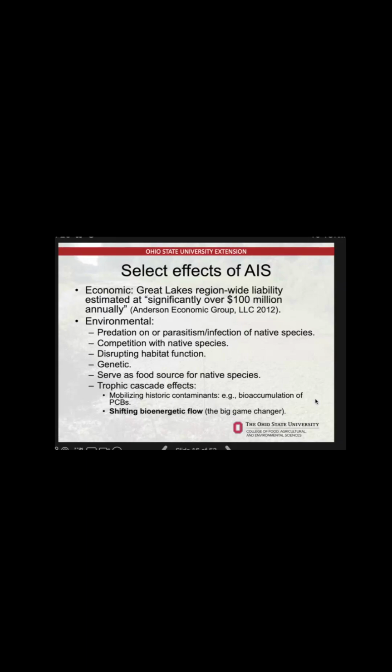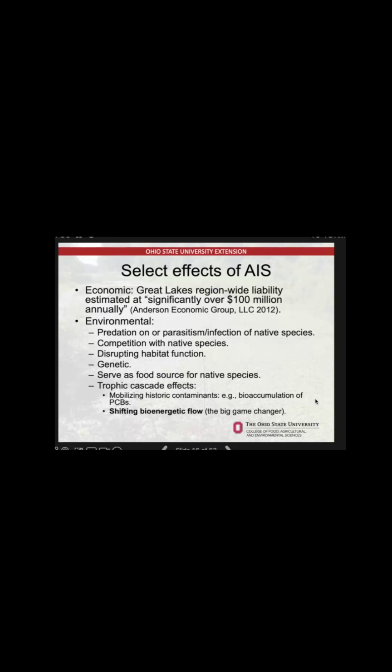energy. So a new invasion comes in, and it either preys upon or parasitizes native populations. It takes energy away from those native populations. Or if it's a competitor with native things, it prevents that energy from getting to my native populations. They might disrupt habitat function.